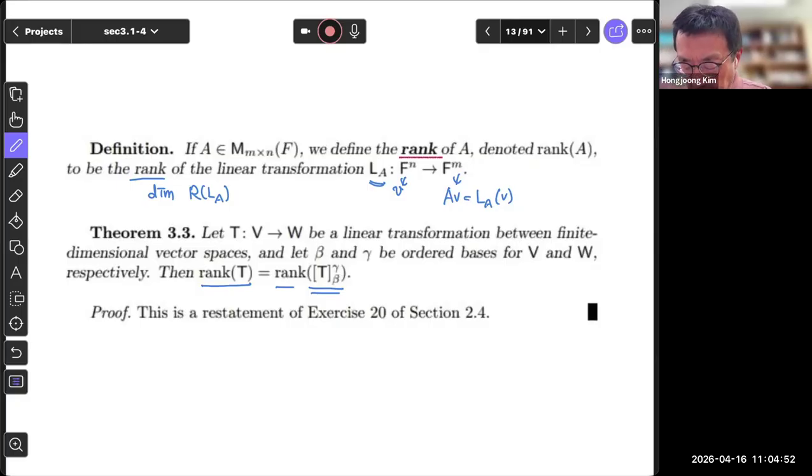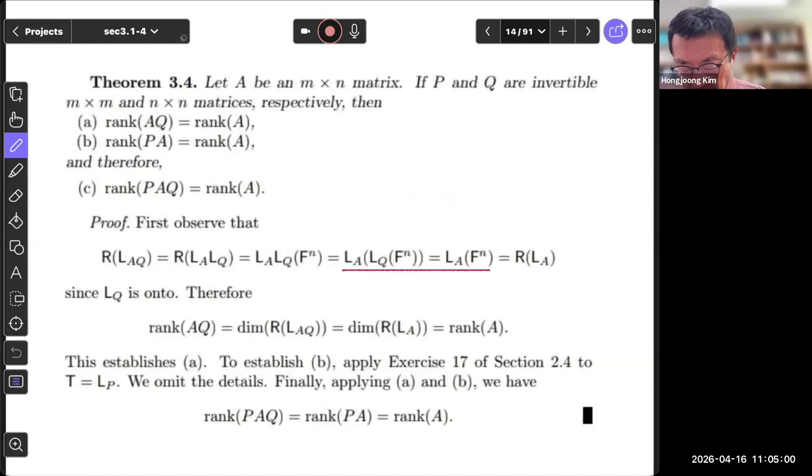And this is trivial, so you can easily check this.